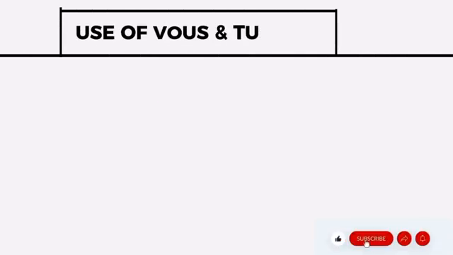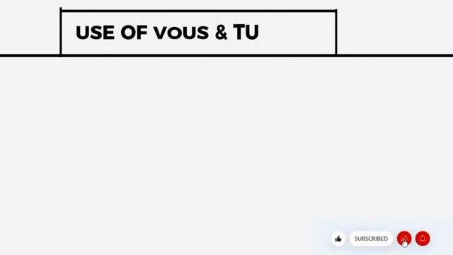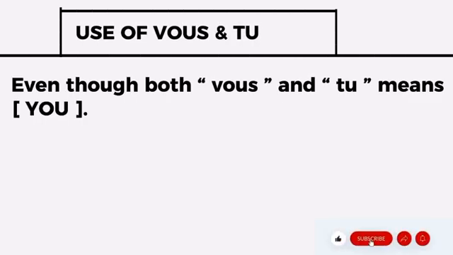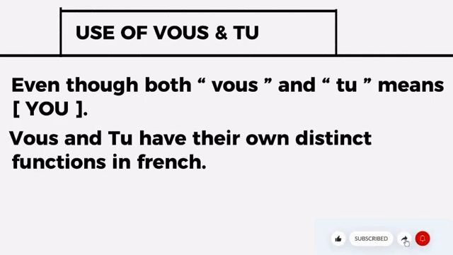Moving on, let's take a look at another very common mistake most people make in French, and this is the use of vous and tu in French. Even though both vous and tu have the same meaning, which is that they both mean you in French, vous and tu have their own distinct functions.